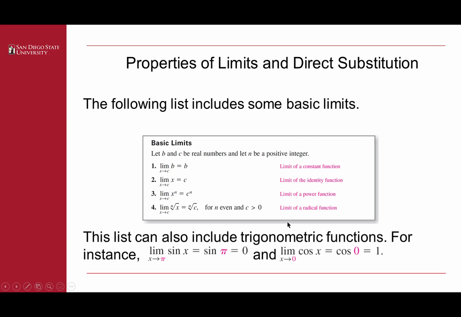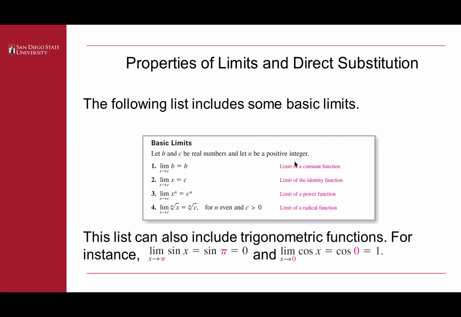And let's look at the limit of a radical function. The limit of the nth root of x where x approaches c would be the nth root of c, for n even and c larger than 0.